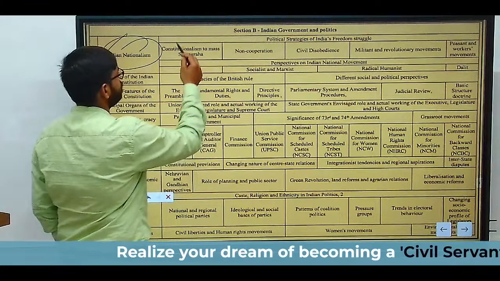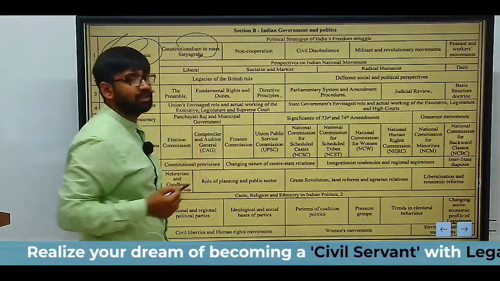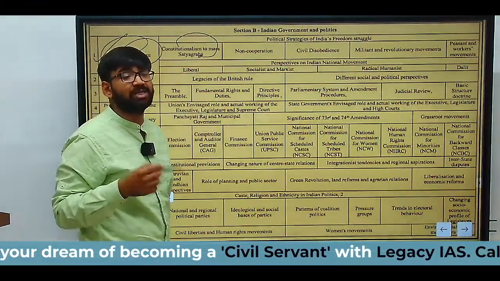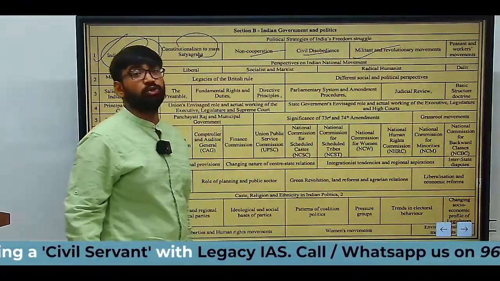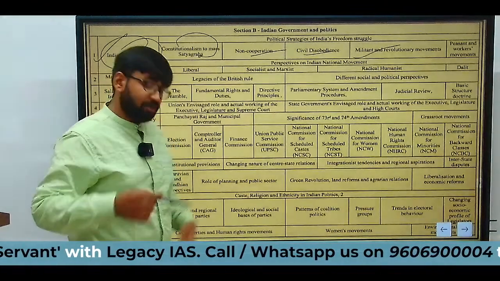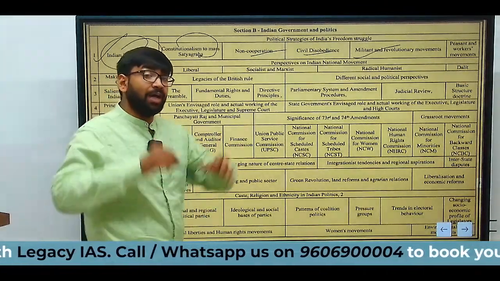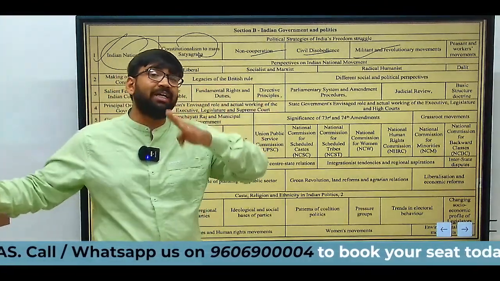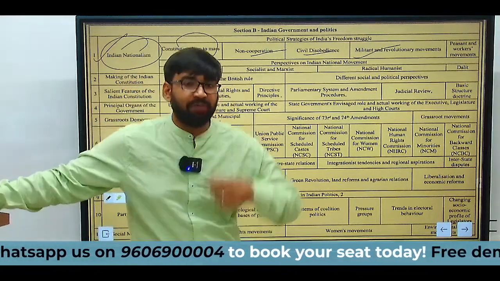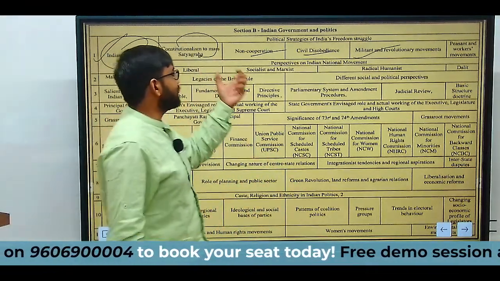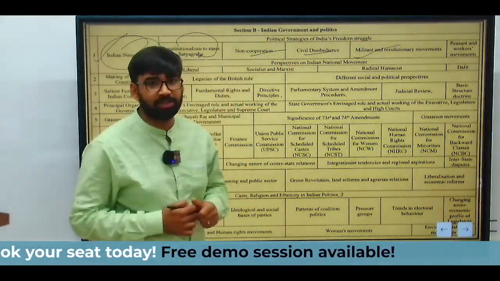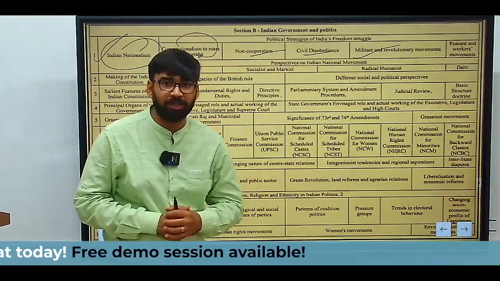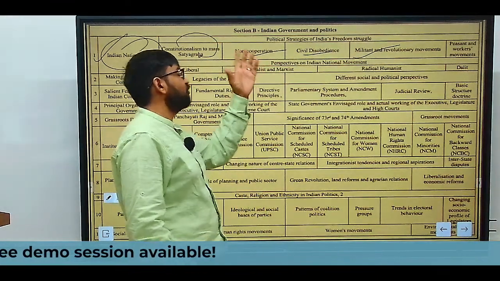So from constitutionalism to mass satyagraha, mass movements like non-cooperation, civil disobedience, then military and revolutionary movements. You have to read these topics from different perspectives. For example, the Marxist perspective on non-cooperation, the nationalist perspective on non-cooperation, the Dalit perspective on non-cooperation.